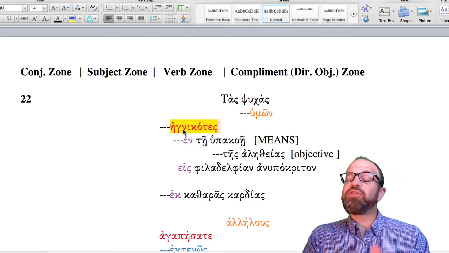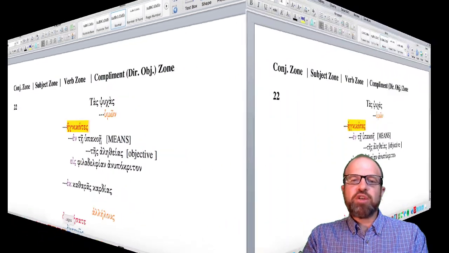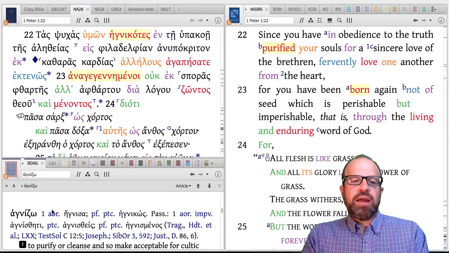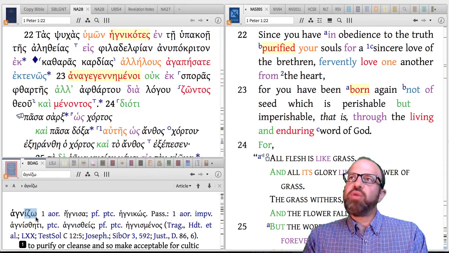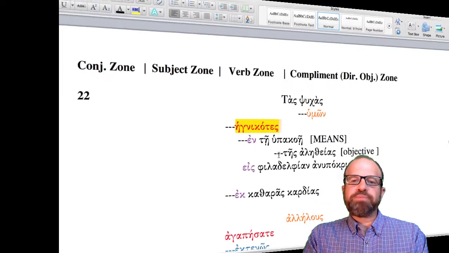It highlights the importance of this sanctification. Just to go back and look at this verb stem, it's from agnizo. Agnizo has a causative stem on it. That izo ending is causative. So it's involved in making something holy and pure, and that's what this verb is speaking to.